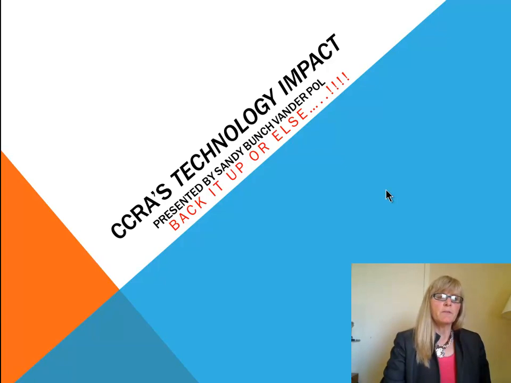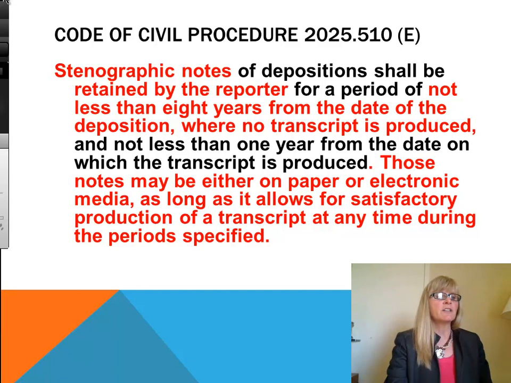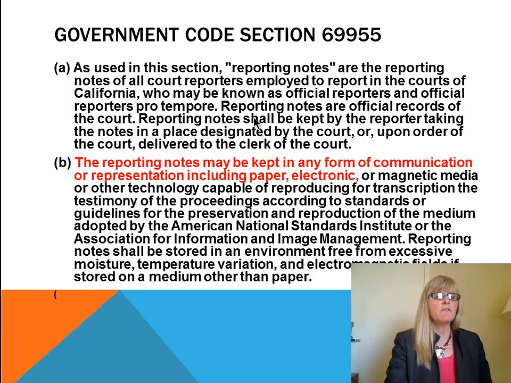So let's get right into the backup process, and specifically, let's start with the statutes as they relate to backing up in California. The first statute is Code of Civil Procedure 2025.510(e). This does allow for the backing up of our notes in electronic format. I'm going to be focusing just on electronic format, so I'm just going to cite to those sections in the code.